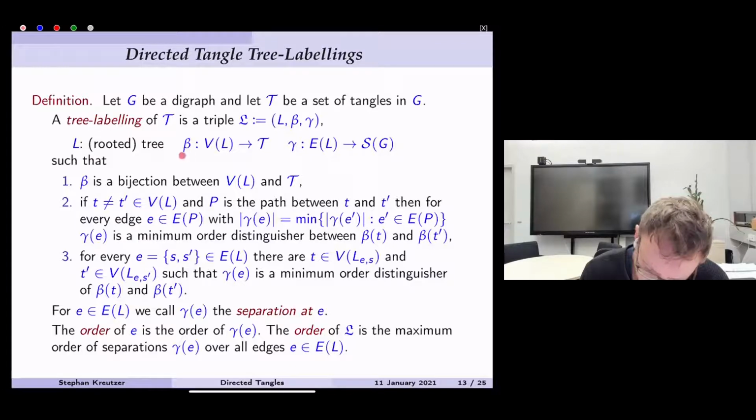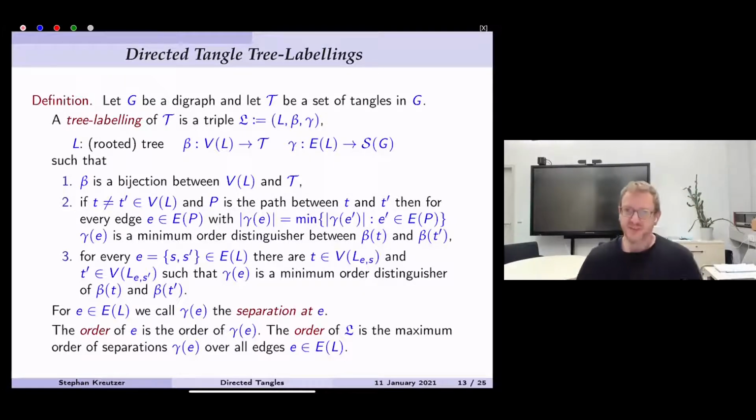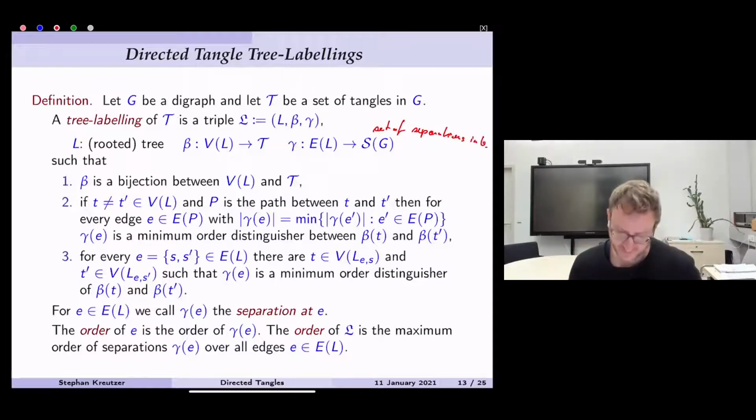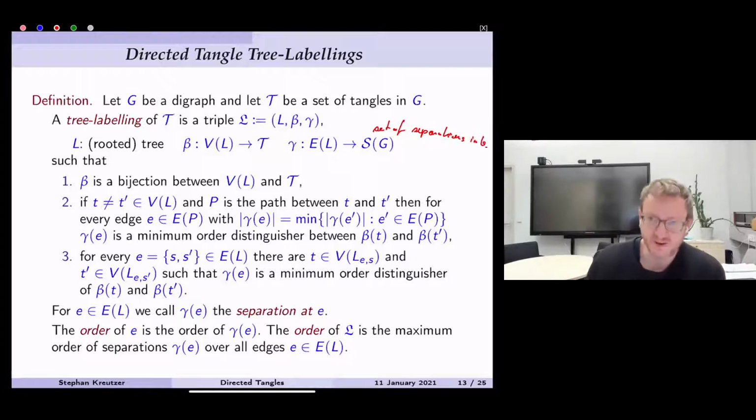And we have two functions. The function beta here maps every vertex of the tree to a tangle in T. And then we have gamma, which is the guarding function, and this maps every edge of the tree to this set here, and this set is just the set of all separations in the digraph. Okay. So every edge is just labeled by a separation.